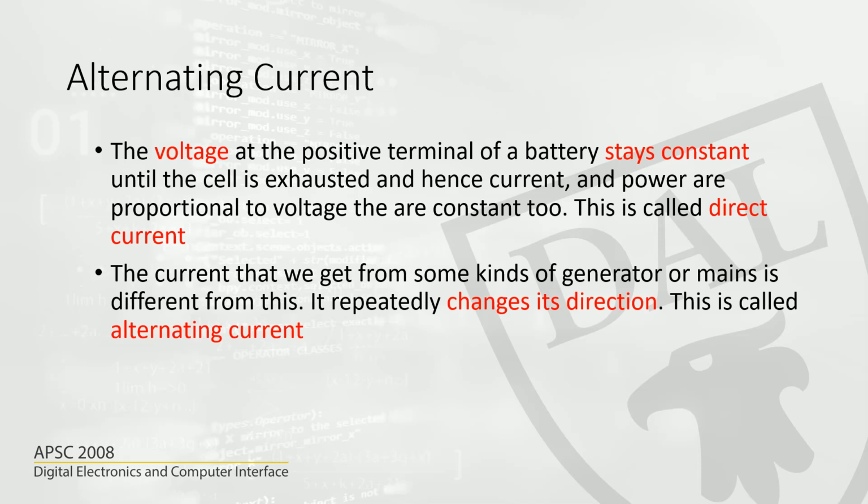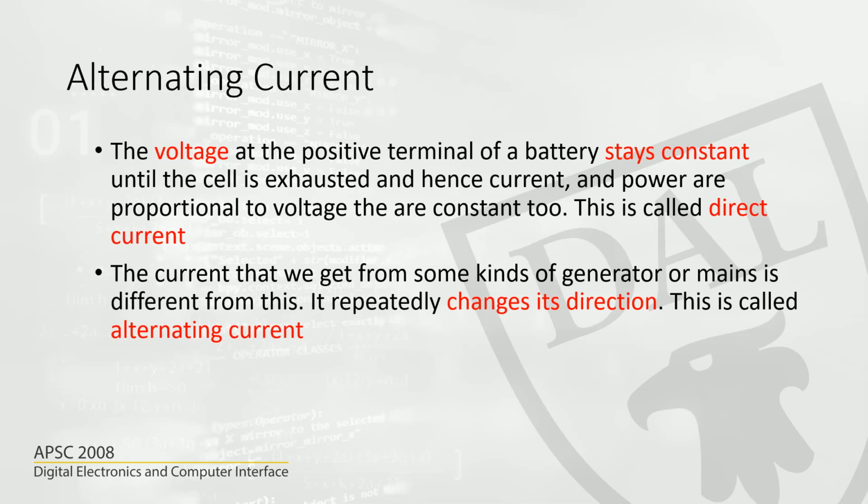So it's 60 hertz, and that applies to North America. If you happen to visit Europe or Asian countries, you'll see the frequency is 50 hertz. And this kind of circuit is called an alternating current circuit.